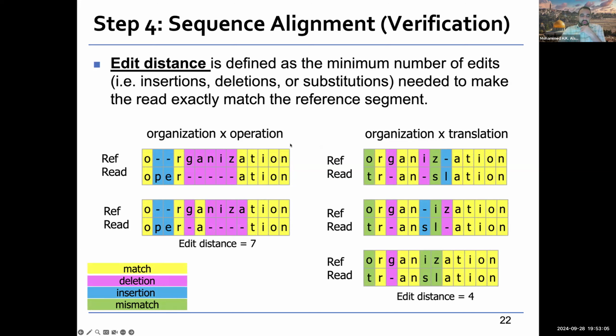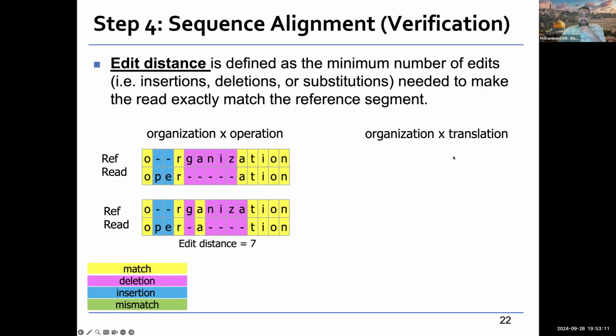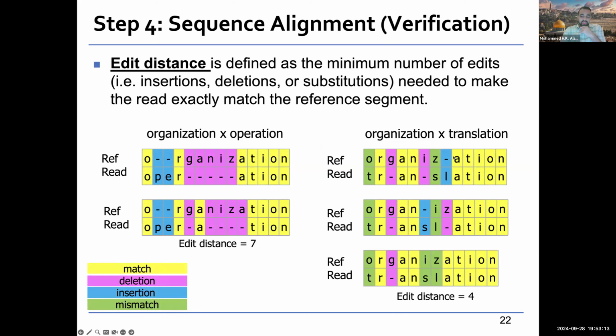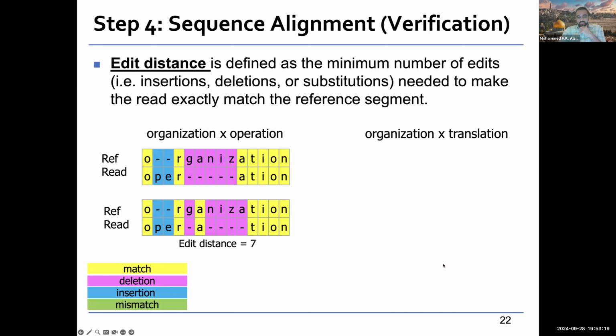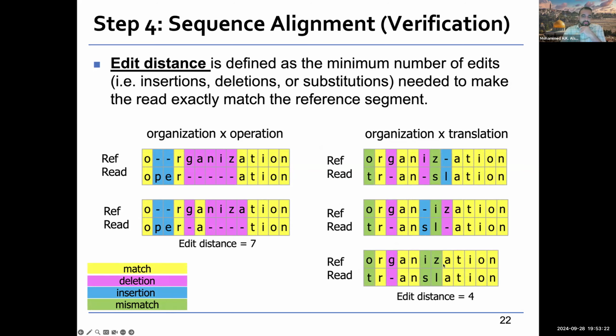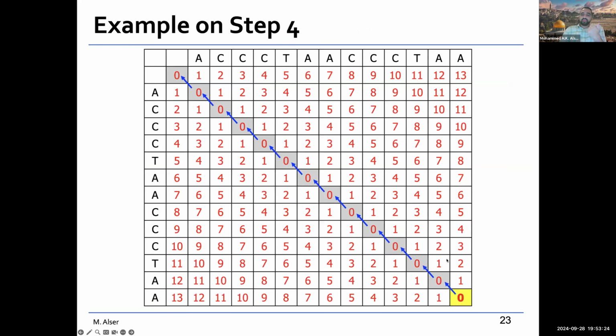We know that using edit distance, we could get different solutions with the same edit distance, but we also could get different solutions with different edit distances. As you can see here, this is edit distance 5, but here it's 4. We also took some examples on edit distance calculation using the traditional brute force solution and dynamic programming.